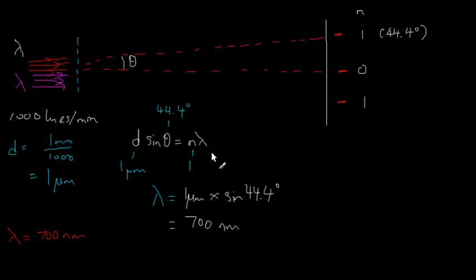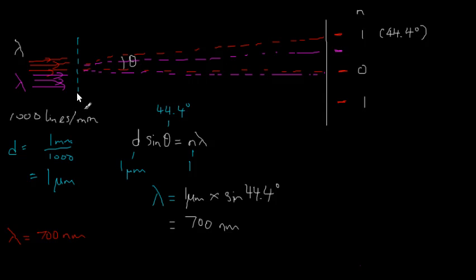Because the wavelength is shorter, this angle would also be smaller according to this formula. So while we would still have a fringe at the center for the violet light, you would expect a smaller angle for the first order fringe.